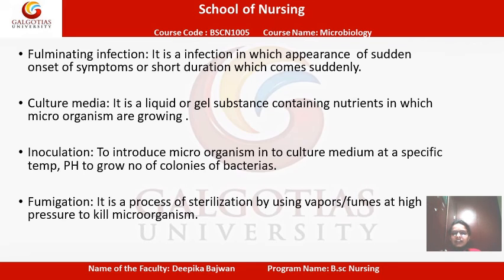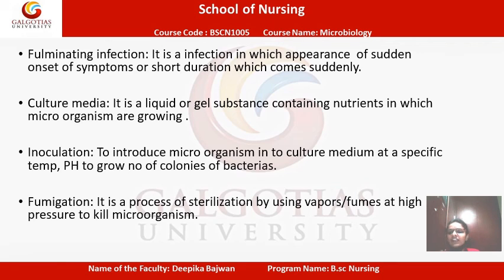Now the next term we have is fumigation. In the very first slide we learned what sterilization is. Basically, in sterilization we use some chemical substance, but if we use fumes or vapors to sterilize things, that is known as fumigation.